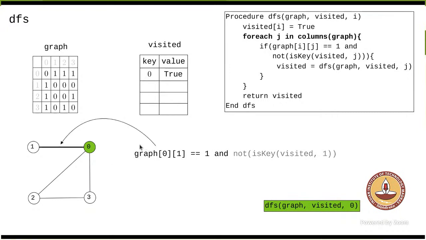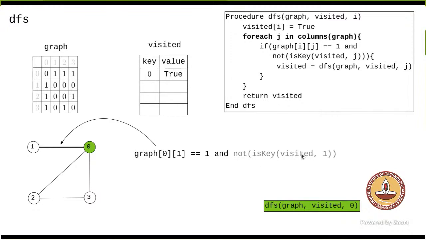So this part was clear, this first if condition. Okay, so is this part clear? This is key of visited comma 1. See here what's happening is we are asking if 1 is a key of the dictionary visited. It is not, right?